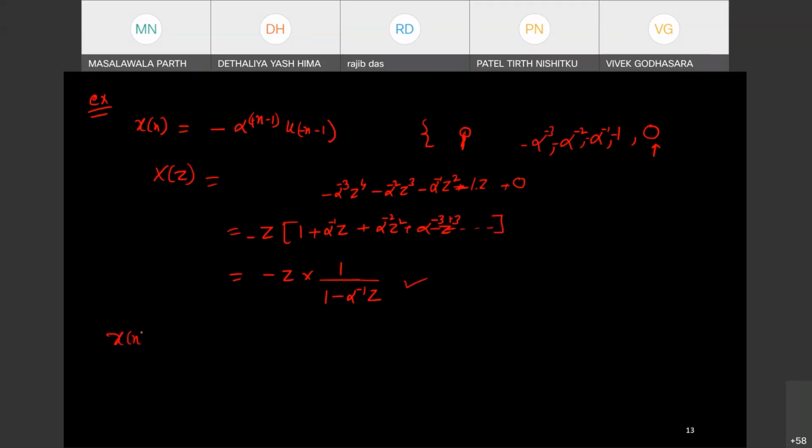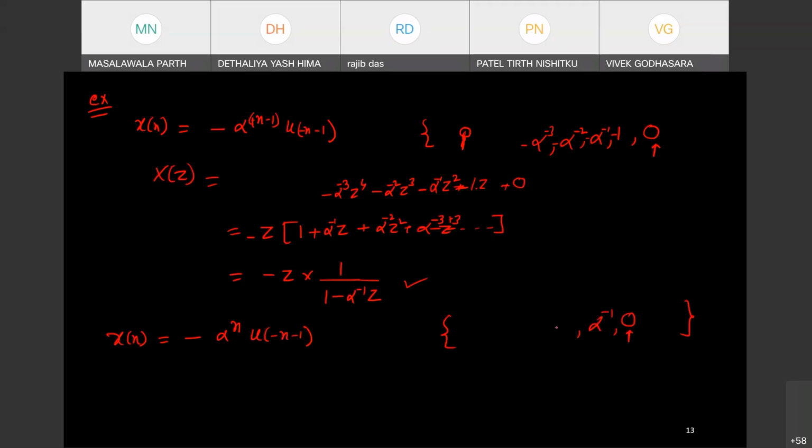Take one more sequence. If it is minus alpha to the power n only, not n minus 1, and u of minus n minus 1, can you try with this? So what is the sequence? At n equal to 0, it is 0. At n equal to minus 1, it is alpha to the power minus 1.